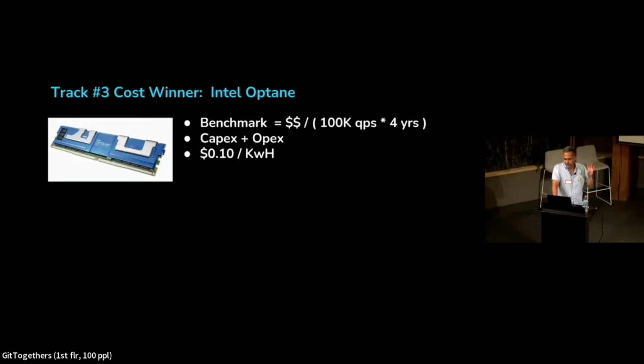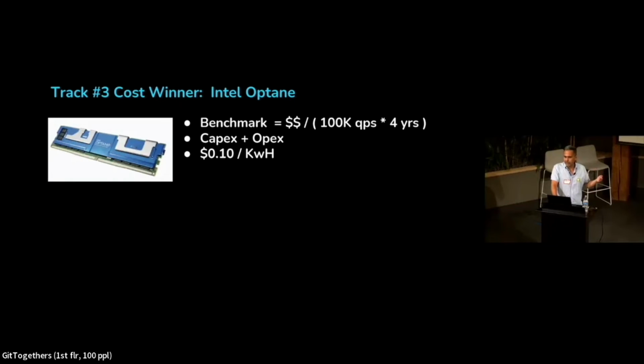Cost consists of a few things. It's what's called CapEx and OpEx. Data centers are not just concerned about how much hardware costs to purchase, but also how much it costs to maintain that over a certain period of time. So we used a modified formula that data centers use, in which you measure the cost of maintenance on an application.